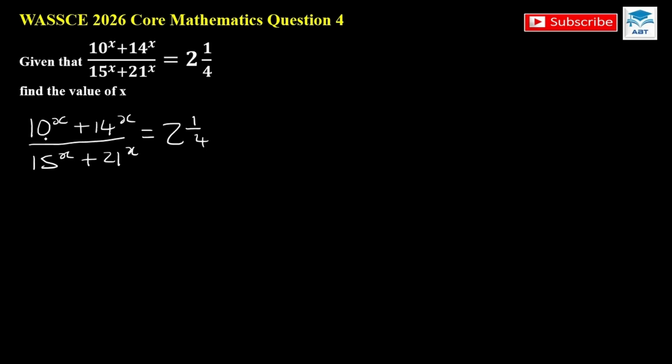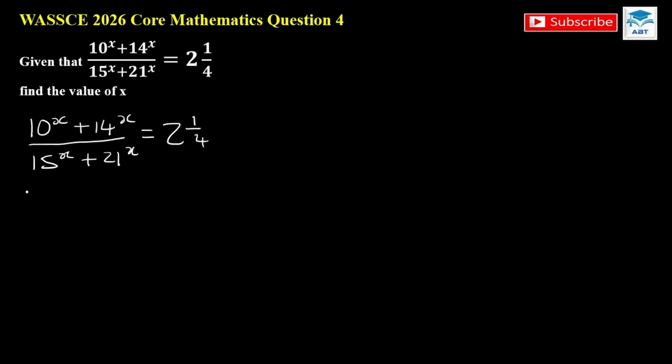Now we can get a common factor out of 10 and 14 by breaking 10 down to 2 times 5 and breaking 14 down to 2 times 7.